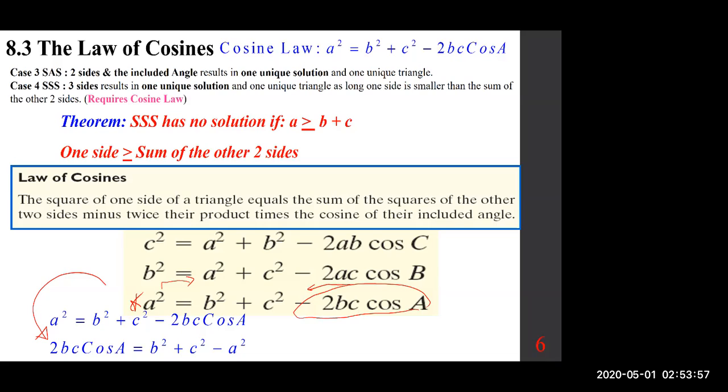Cosine becomes the right side divided by 2bc. In other words, if the angle is missing and all sides are given, we can find cosine of it as b squared plus c squared minus a squared over 2bc.